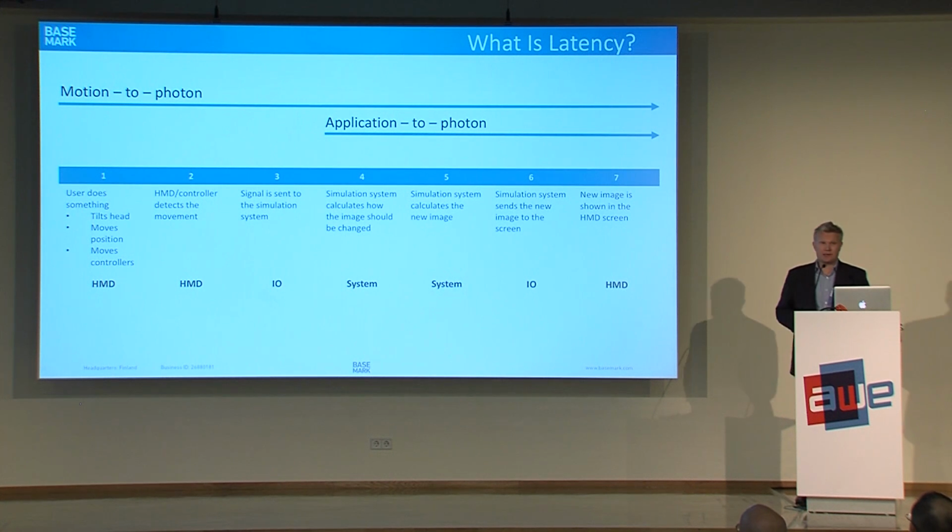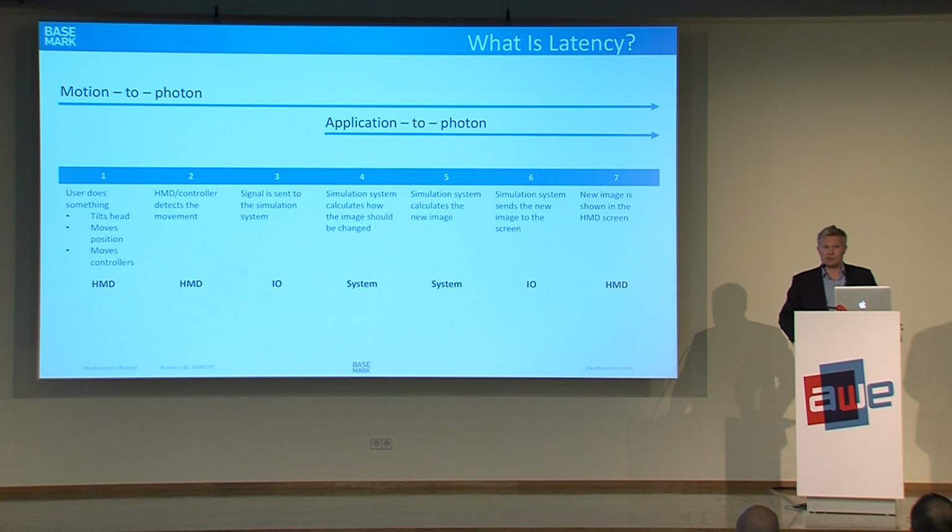Basically how this whole process works is that I move my head or I move the controller, then the HMD sensors detect that. They send that signal to the simulation system, be that the PC when you're rendering on your PS4, or the one embedded in your HMD.